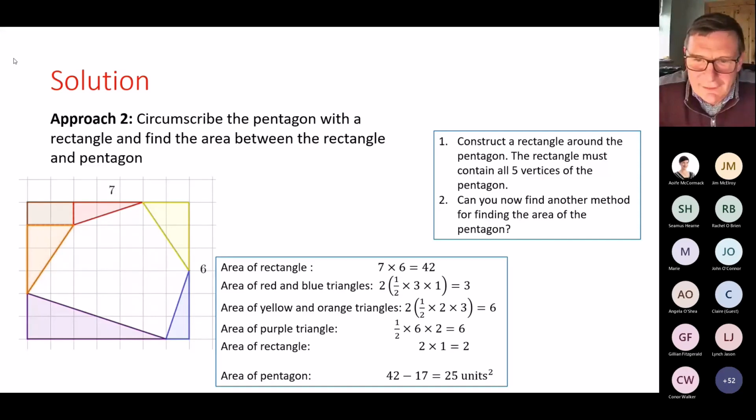Okay, and I think when they work out all those areas, it will come to 17. So then taking away 17 from the 42 gives us the 25 units squared. 17 being the area outside, and if we take that away from the rectangle, you're left with the pentagon. And that's another kind of nice approach to solving the problem.